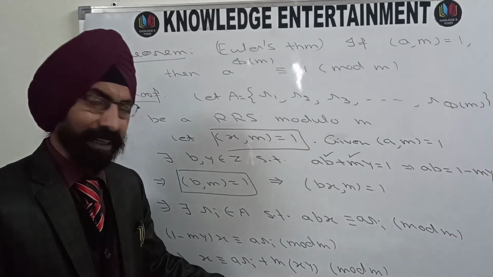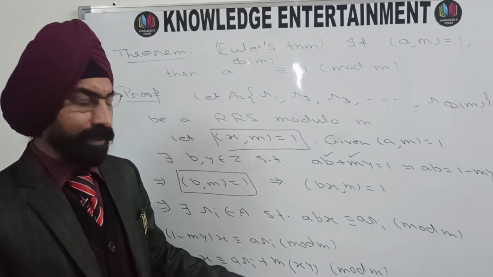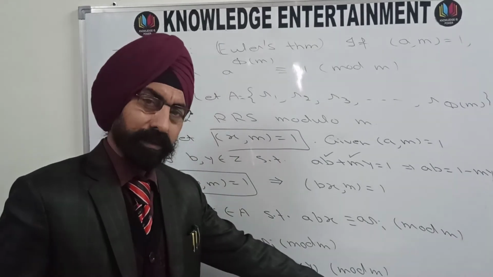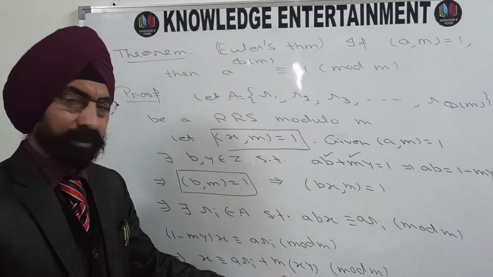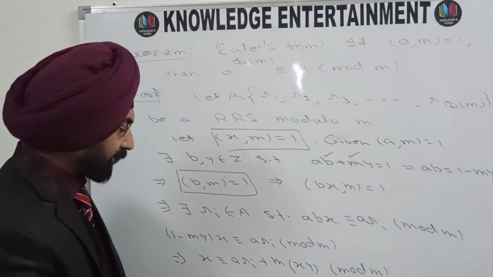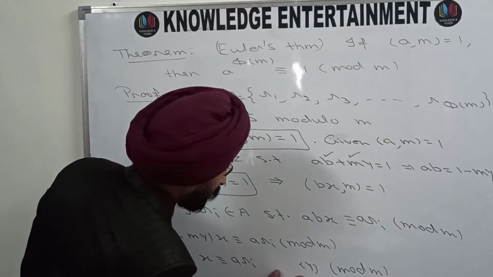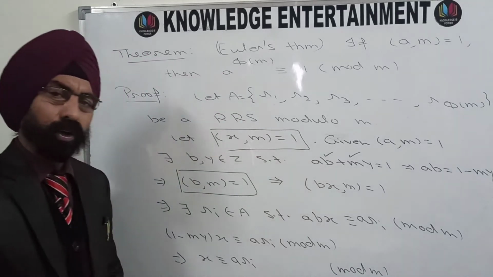So here you are having a multiple of M. It is a congruence equation modulo M, and one of the terms is a multiple of M, so this can be removed. The equation will still be okay.